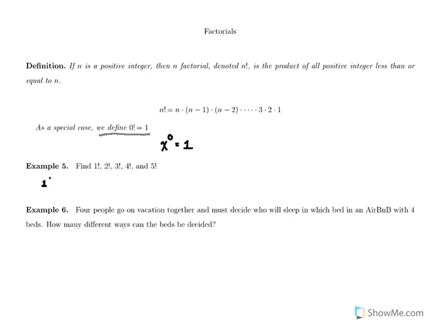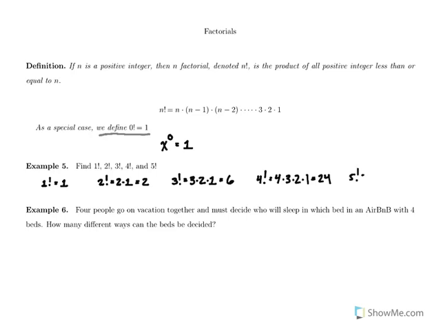So 1 factorial is you take the number and you multiply it by its preceding number until you get down to 1, but there's nothing to do there, that's just 1. 2 factorial, you take 2 and you multiply it by its preceding number 1, and then you stop, so that's just 2. 3 factorial is 3 times 2 times 1 is going to be 6. 4 factorial, 4 times 3 times 2 times 1 is 24.